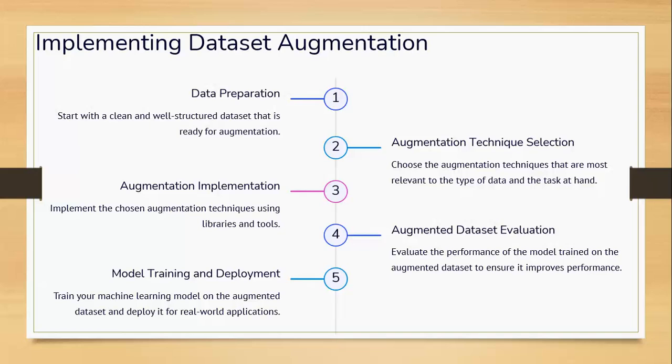And augmentation implementation: after choosing the correct augmentation technique and library, we have to implement it using its libraries and tools in the coding part. After applying the libraries and tools, we have to evaluate the performance of the model trained on the augmented data sets.